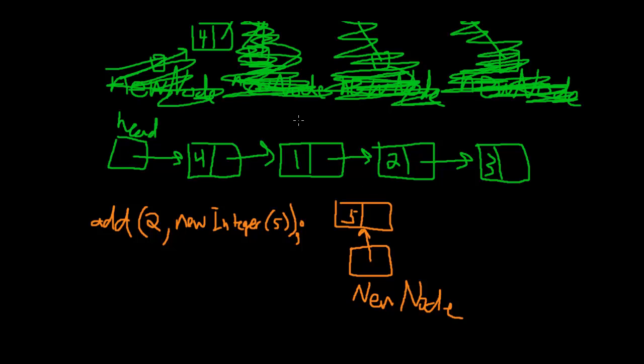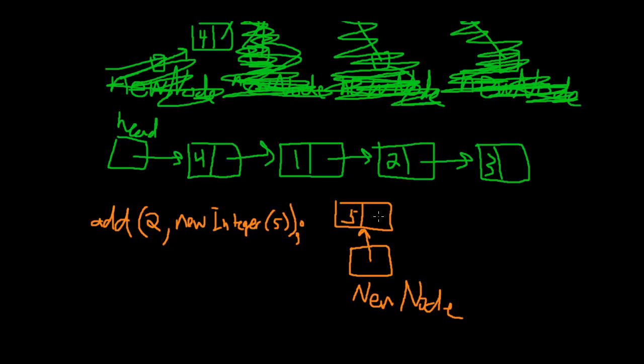Now, I told you I have to go one step before my insertion. So if I'm inserting at index 2, I have to stop at index 1. Now, whatever my new node's next is pointing to, so newNode.next equals whatever I stopped at .next. Does that make sense?